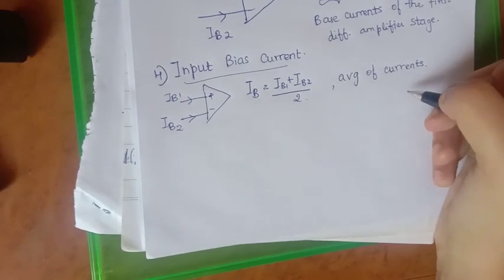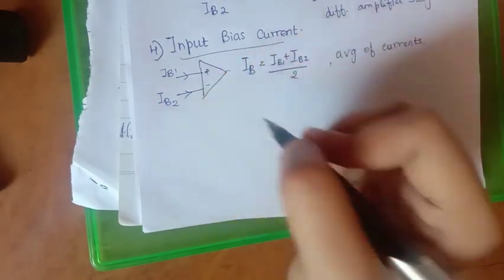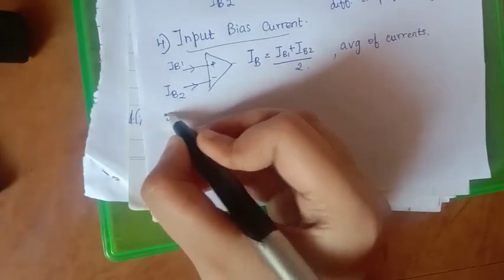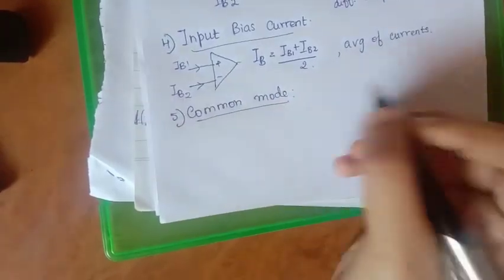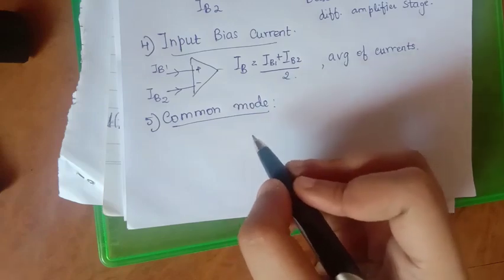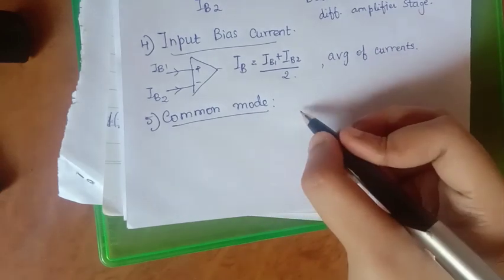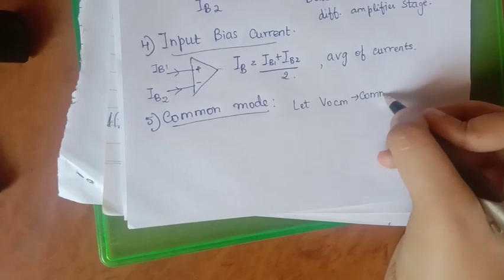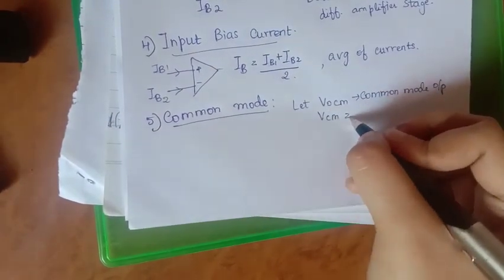Next, we are going to discuss the common mode. So what is common mode? When the same input voltage is applied to both the input terminals of the op-amp, the op-amp is said to be in the common mode configuration. Let me represent VOCM as the common mode output and VCM as the common mode input.